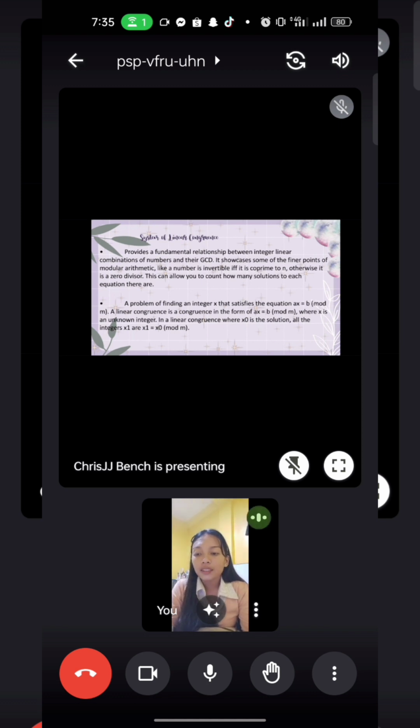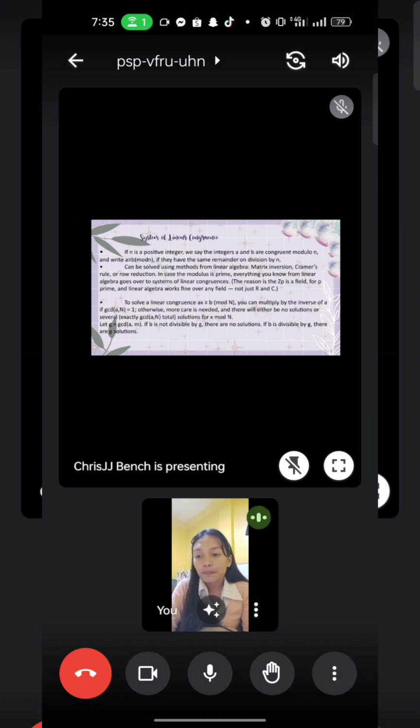A linear congruence is a congruence in the form ax ≡ b mod m, where x is an unknown integer. If n is a positive integer, we say that the integers a and b are congruent modulo n, and write a ≡ b mod n, if they have the same remainder on division by n.